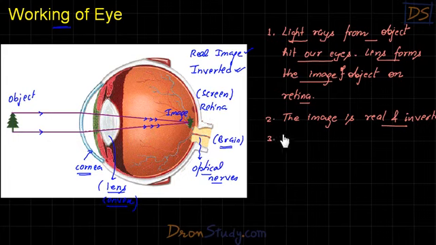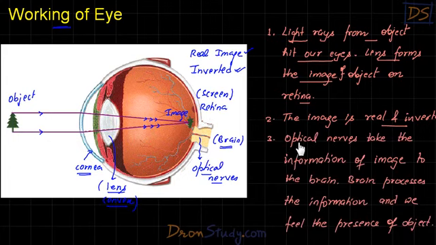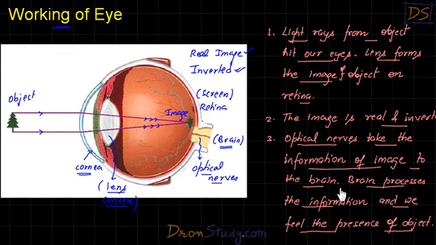Okay, friends, let me write this down. Optical nerves take the information of the image to the brain. As I told you, the brain processes the information and we feel the presence of the object. You understand? So that is how the eye basically works. This is something very basic.